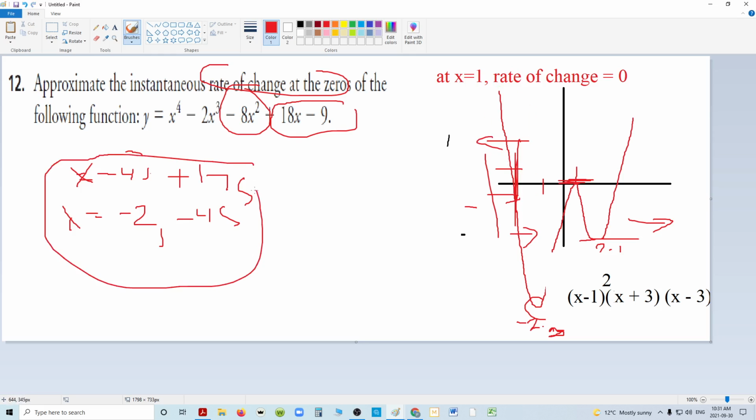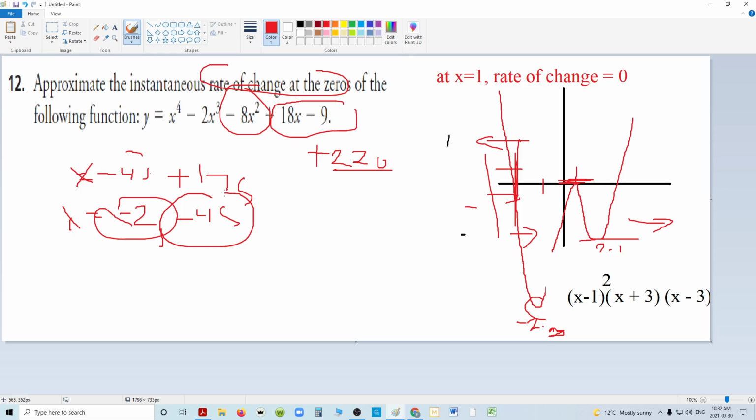Now, to do an estimate, I just do delta y divided by delta x. So it doesn't matter which order so long as you keep the order consistent with their x values. Minus 45, right, is the same as plus 45, which is 220. X minus 2 minus 45, so that would be taking the same value that I took for this, has to be the same x bound below, minus 2 is plus 2.